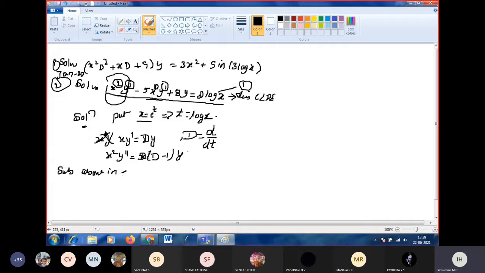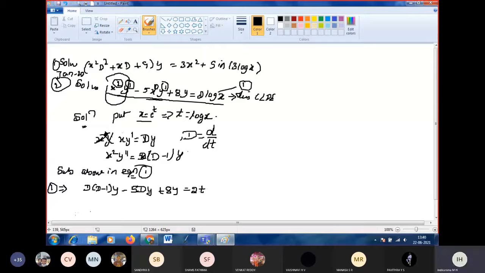So equation 1 becomes: what is x square into y double dash? D into (D minus 1) into y, minus 5 into what is x into y dash? Dy, plus 8y is equal to 2 into what is log x? t.